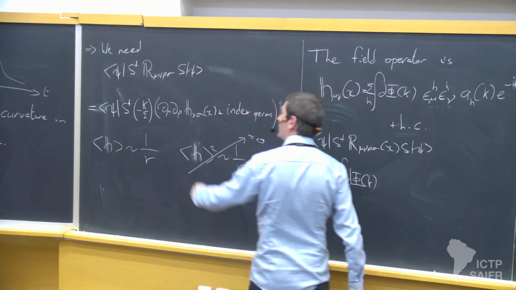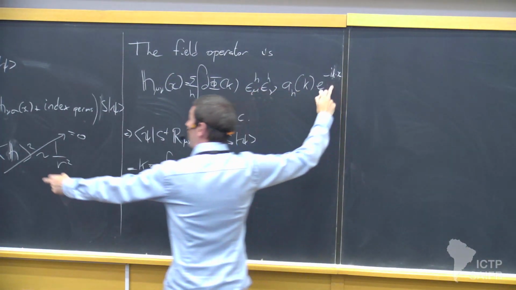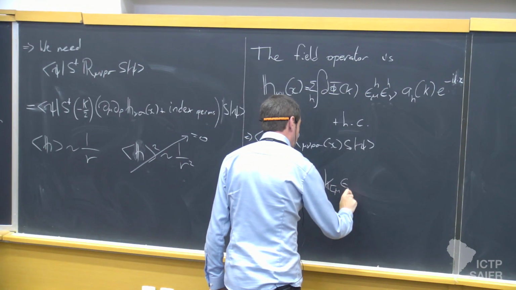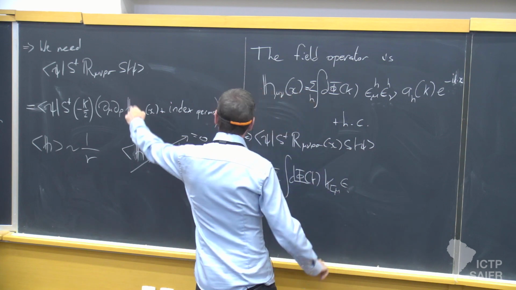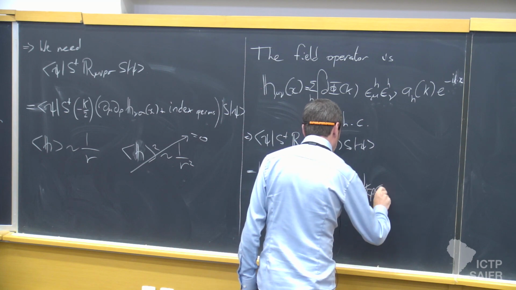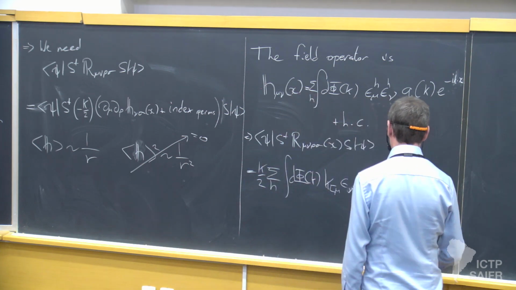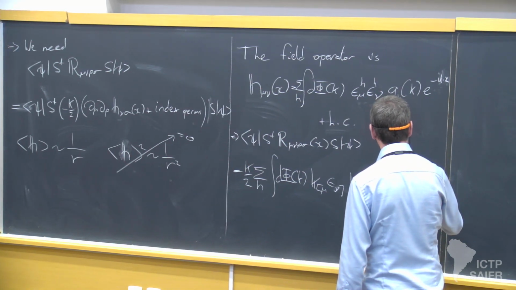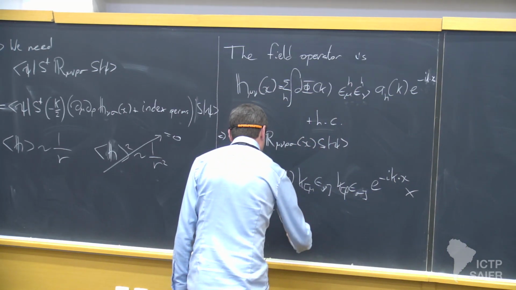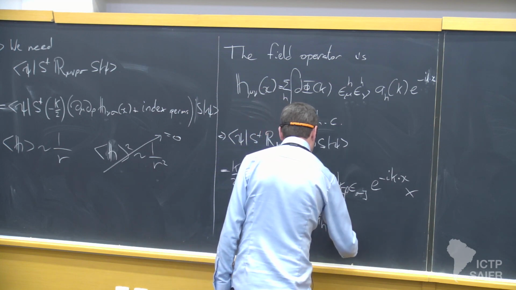These derivatives now will just become k's. So the derivative brings down a factor of k. So you're going to get a k mu, and then it's easy to get the index perms right. Epsilon mu, k rho, epsilon sigma. Good. e to the minus i k dot x. And then there's the non-trivial stuff, which has our state, S matrix.